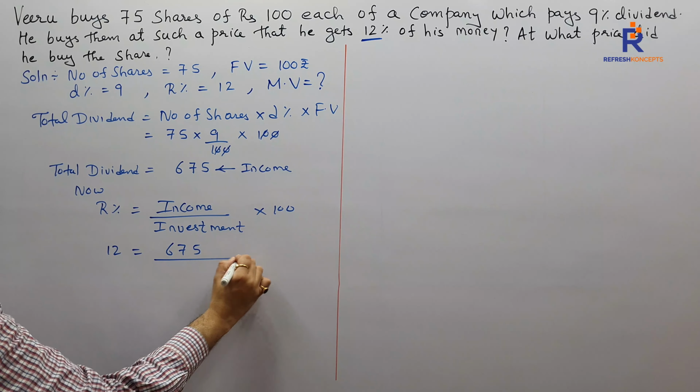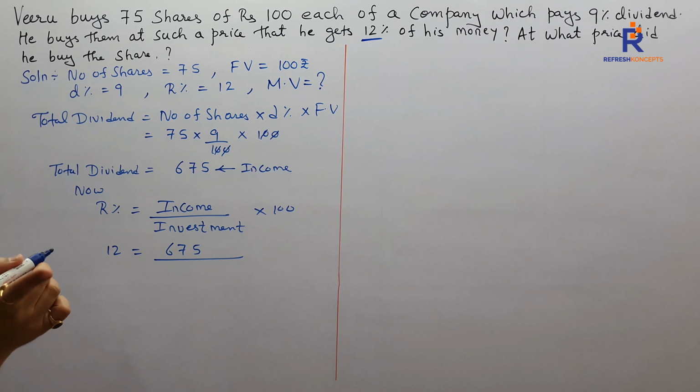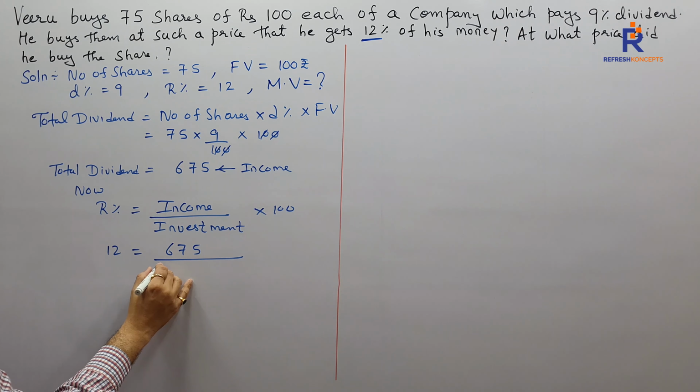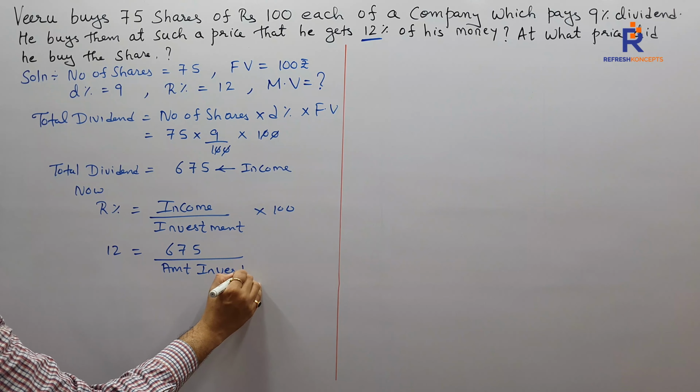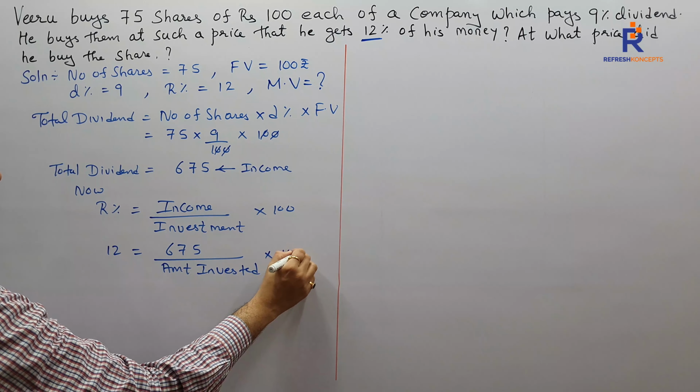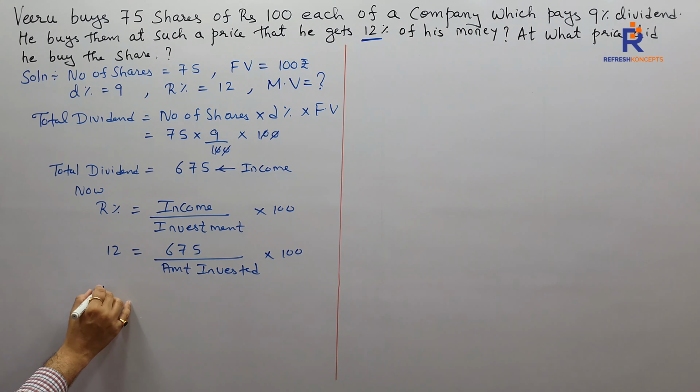Income 675. Investment, that is for all shares, amount invested, not known to me, into 100. So what is the amount invested?